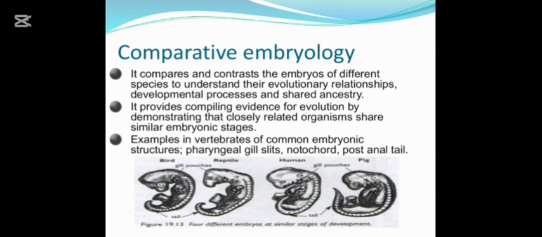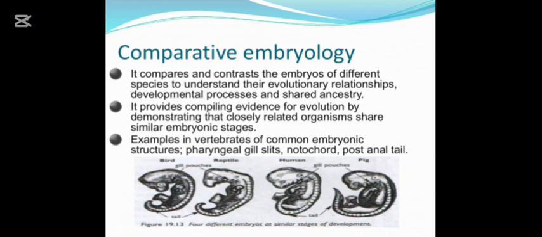It provides compelling evidence for evolution by demonstrating that closely related organisms share similar embryonic stages. For example, vertebrates share common embryonic structures: pharyngeal gill slits, a notochord, and a post-anal tail. These are very common and show they may have a common ancestor.